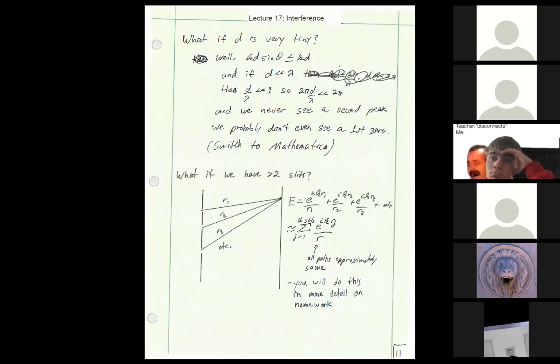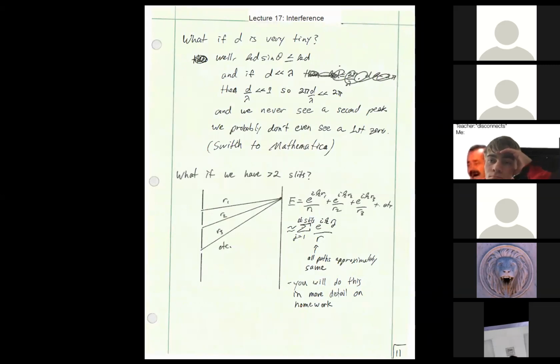Now, what if d is very tiny? Well, kd sine theta is always less than kd. And if d is much less than the wavelength of light, then d over the wavelength will be much less than 1. So 2 pi d over lambda will be much less than 2 pi, and so will kd, 2 pi d sine theta over lambda.